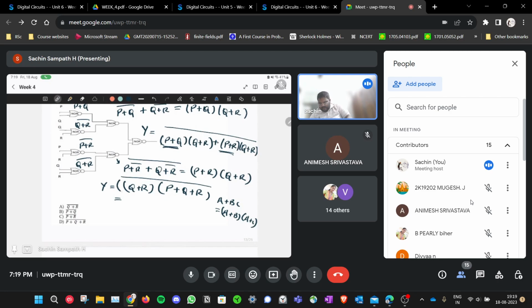So this thing you can write as 0 plus Q plus R, and this thing you can write as your B here.